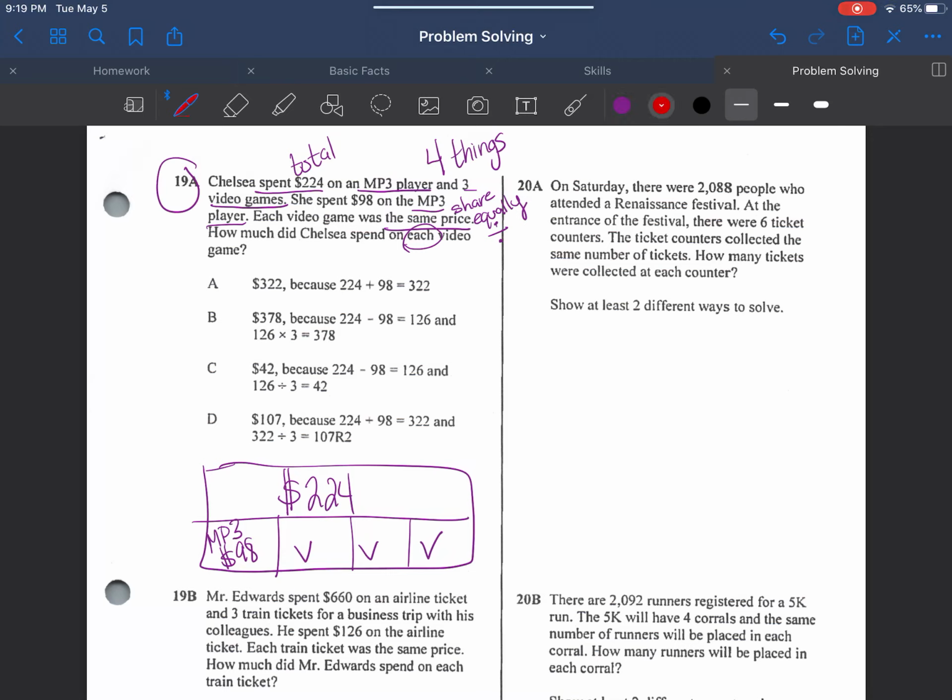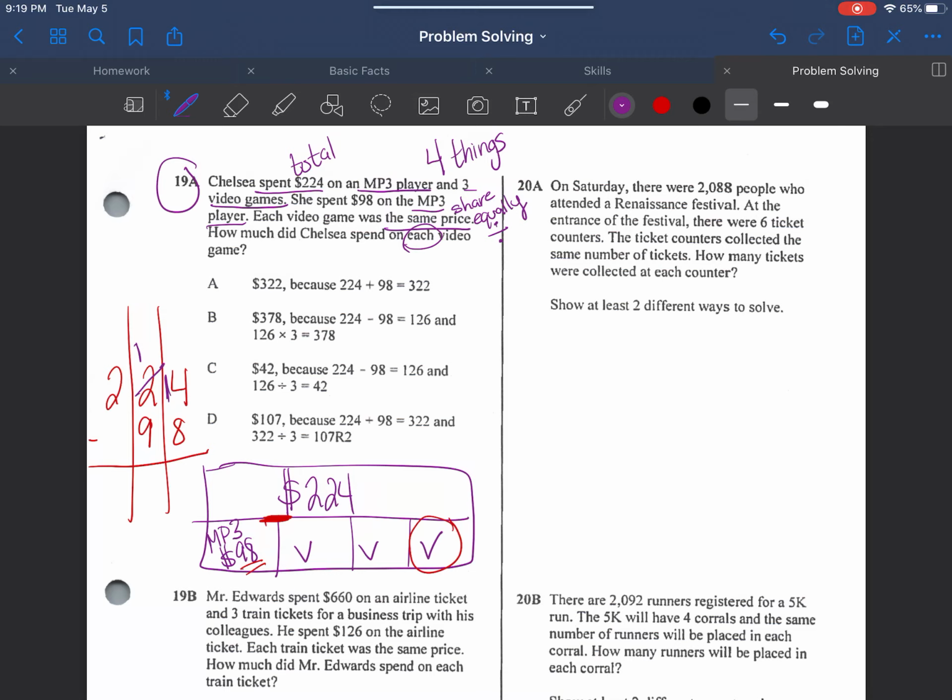The rest were for the video games, and we don't know the amount, but we do know that they were the same price. So we're looking for how much was one video game each. So the first thing that I'm going to do is take my total and take away my first part. My first part was 98.